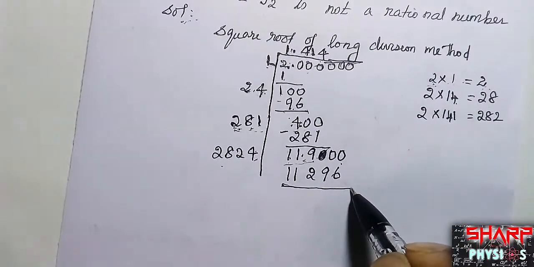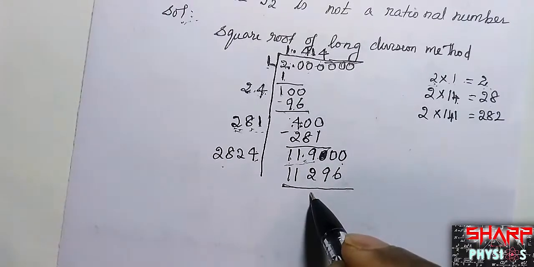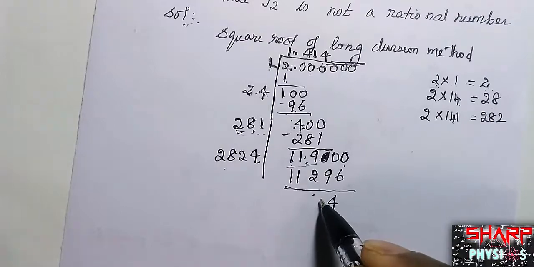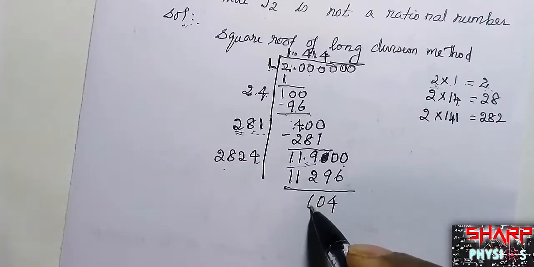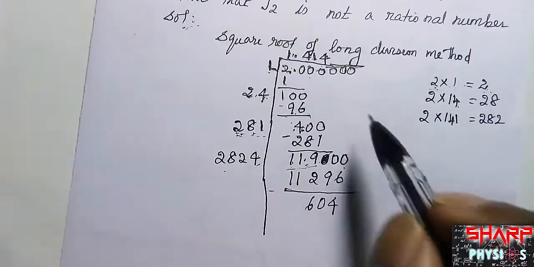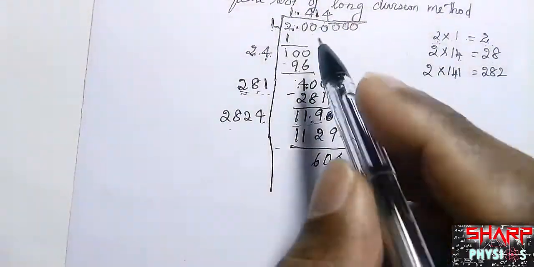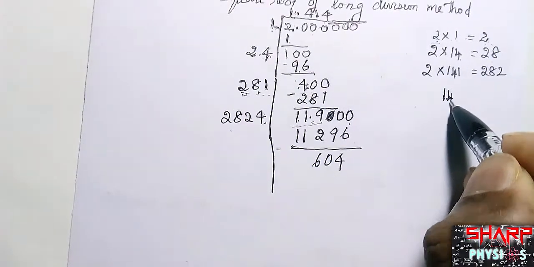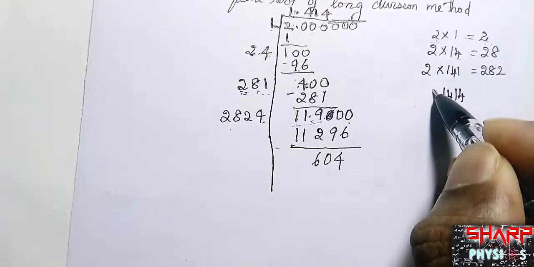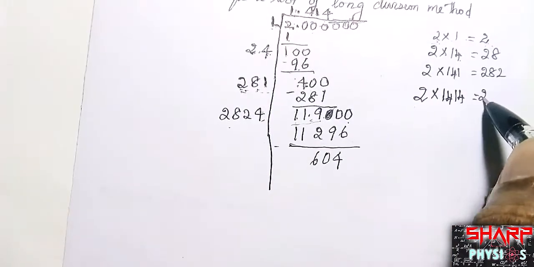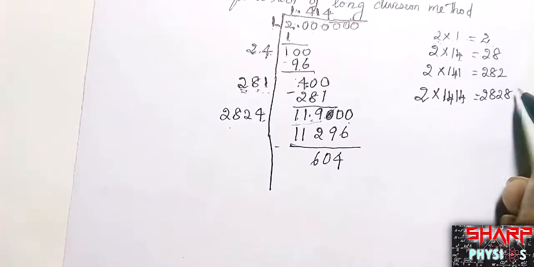So you have to subtract it again. It comes around 604. Now what do you have to do? You have to again go for the numerator. 1414 into 2, so you get 2828.